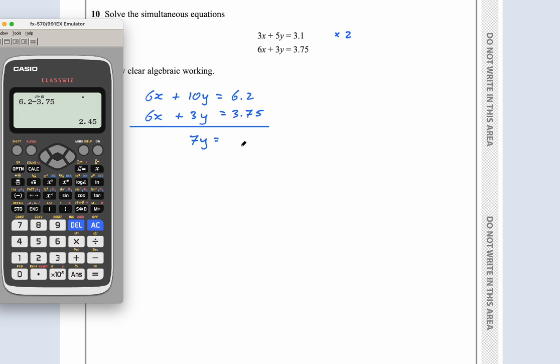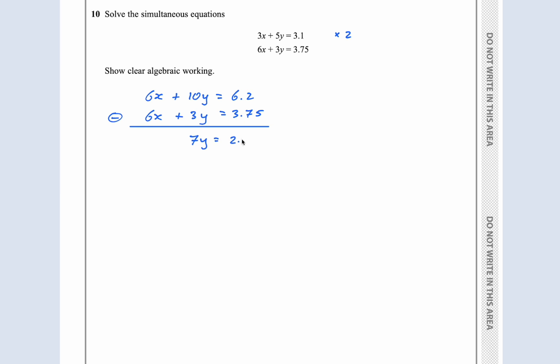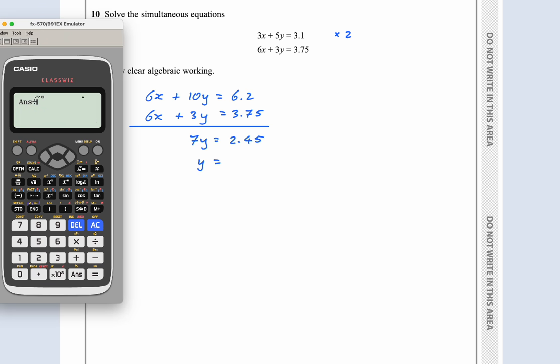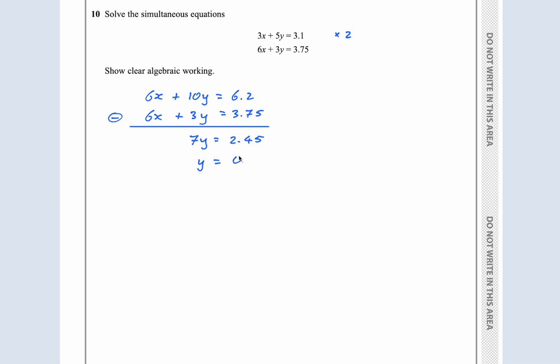So 7y is 2.45, which means y is 2.45 divided by 7, which is a nice 0.35. So y is 0.35.